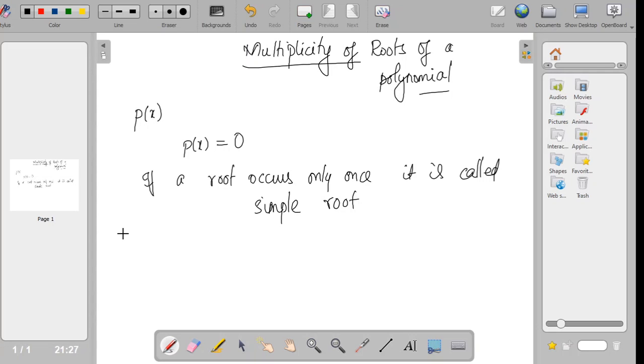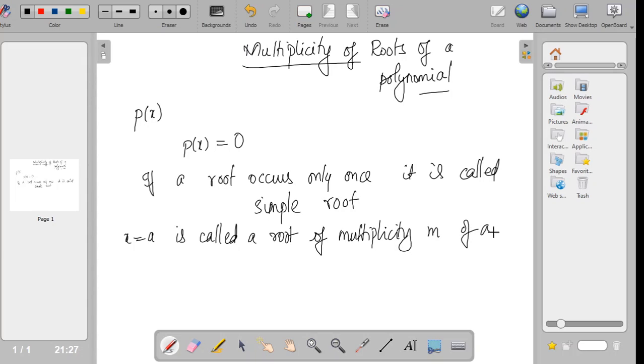So if you have a root x equal to a, x equal to a is called a root of multiplicity m of a polynomial p of x if x minus a whole raised to m divides p of x.